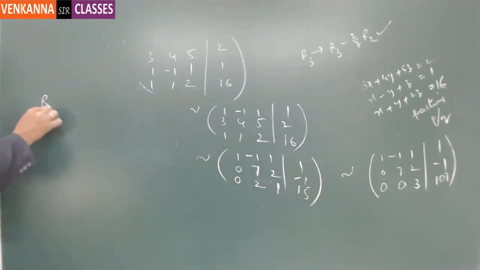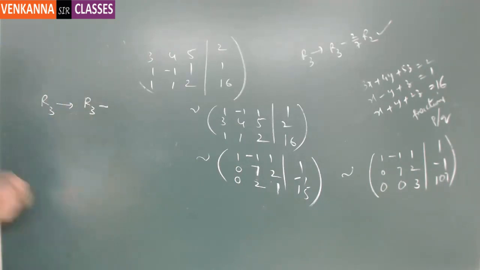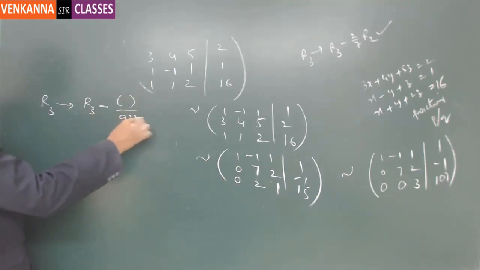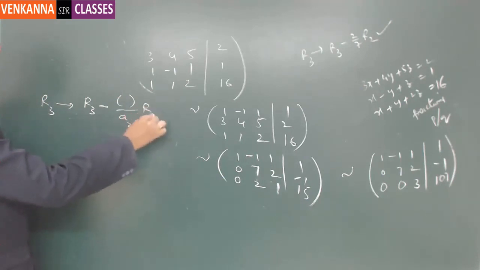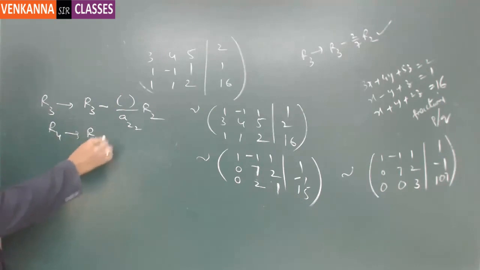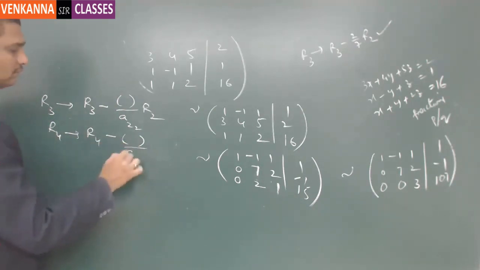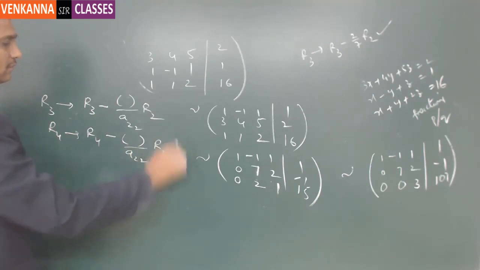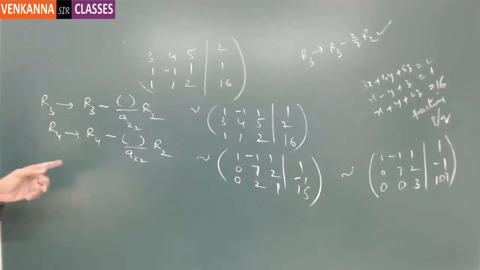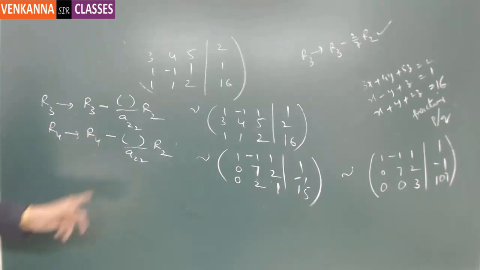So you are going to say that R3 tends to R3 minus what the element is there divided with A22 into R2. R4 tends to R4 minus the element what you are taking. Everything is going to be written like this. So computer programming or computer coding is easy. So this is the actual Gauss elimination method, please understand.